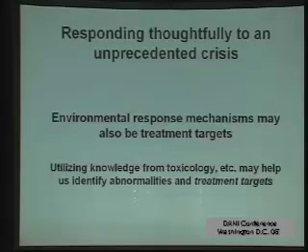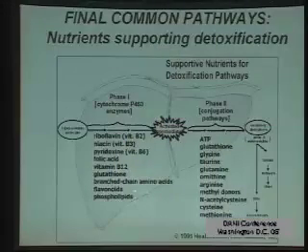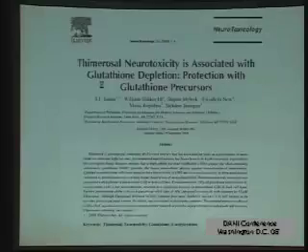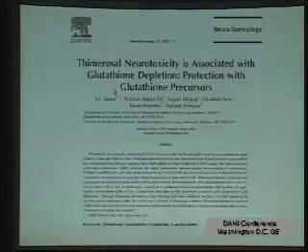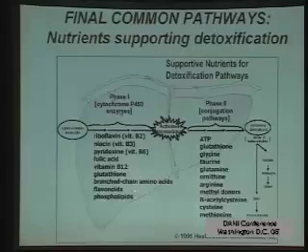Well, on an individual basis, I've already said, and you'll hear over and over again, that the way our bodies are hit by environmental toxins, infections, stressors, may teach us about what we can treat to get better. And that's what we're trying to do here. Final common pathways. The liver has phase 1 and phase 2 detoxification.